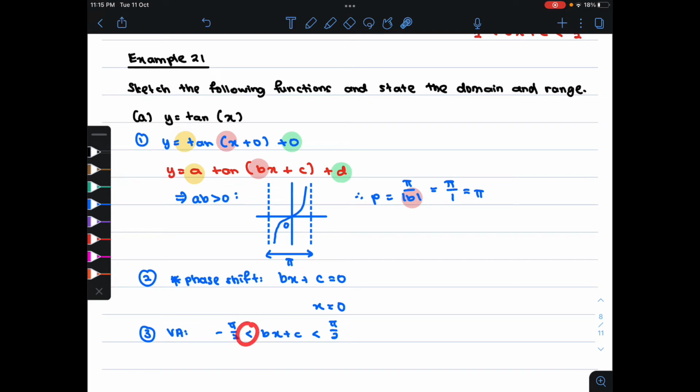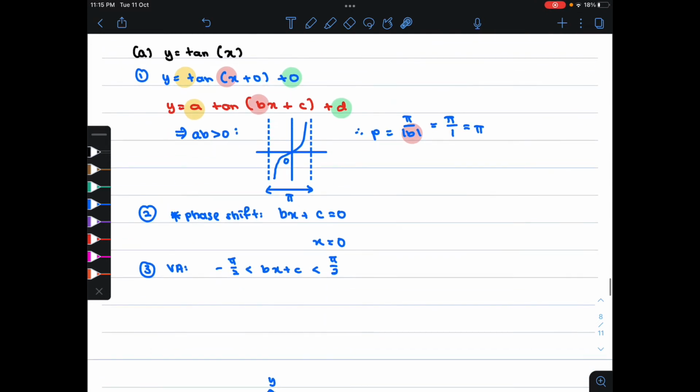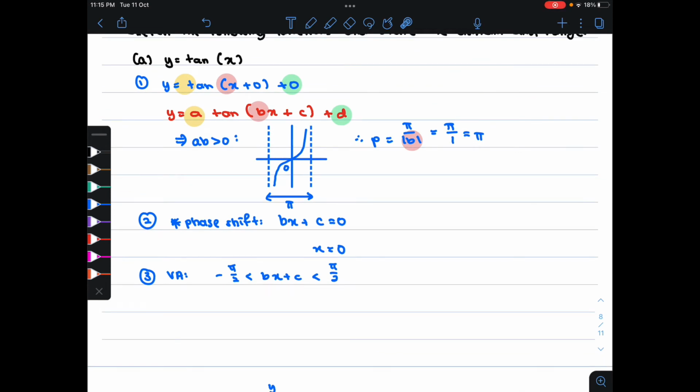Make sure that your inequality sign does not have an equal sign, and it must be between negative pi over 2 and positive pi over 2. So now let's solve our inequality. We already know that bx plus c is x, and that's the vertical asymptote for our function y.